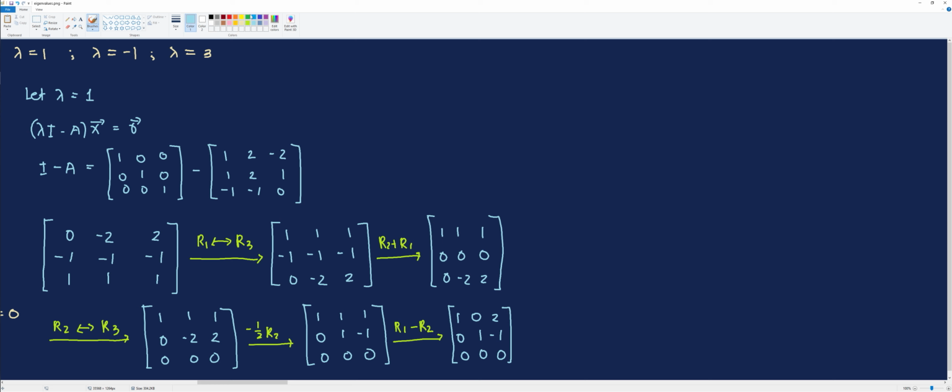So this is equal to 1, 0, 2, 0, 1, negative 1, 0, 0, 0. We multiply this with the x vector, x sub 1, x sub 2, and x sub 3, and this is equal to the zero vector, 0, 0, 0.